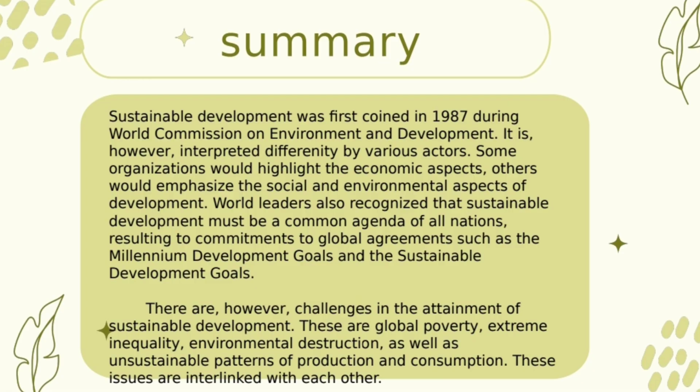World leaders also recognize that sustainable development must be a common agenda of all nations, resulting in the commitment to global agreements such as the Millennium Development Goals and the Sustainable Development Goals. There are, however, challenges in the attainment of sustainable development. These are global poverty, extreme inequality, environmental destruction, as well as unsustainable patterns of production and consumption. These issues are interlinked with each other.